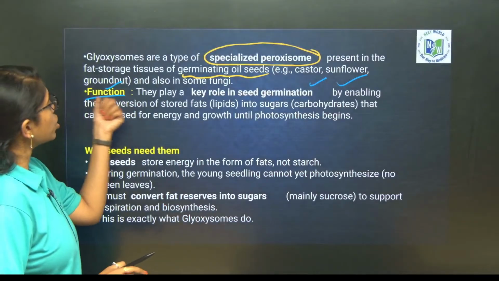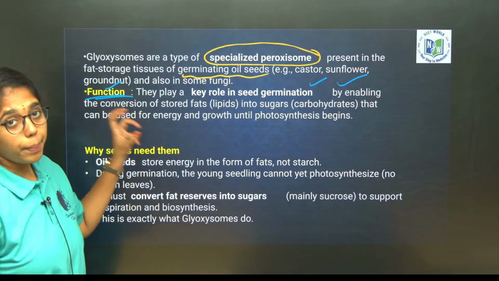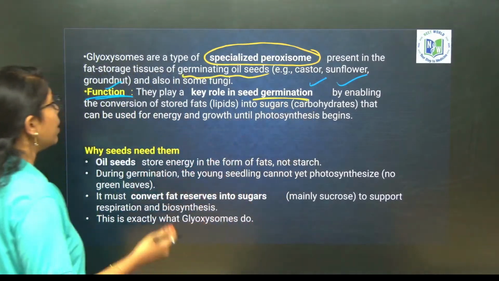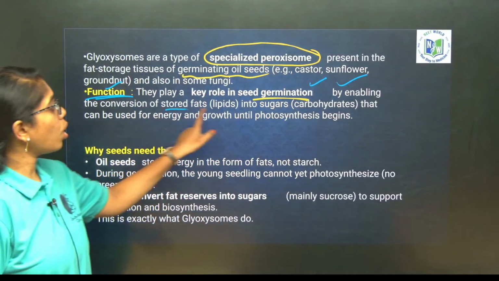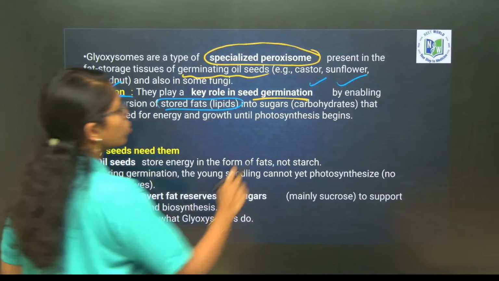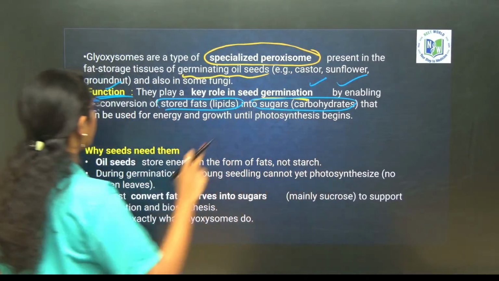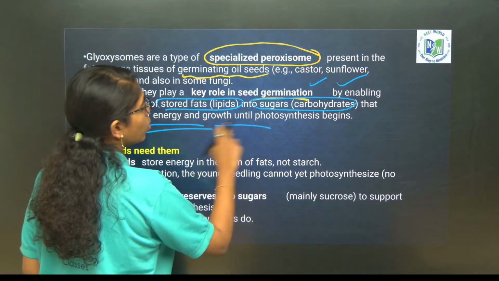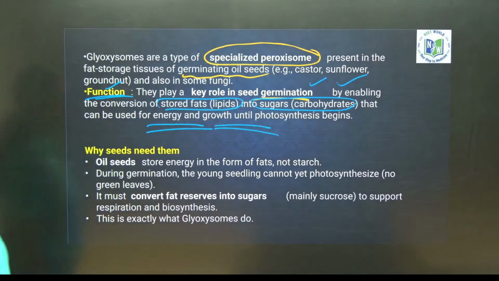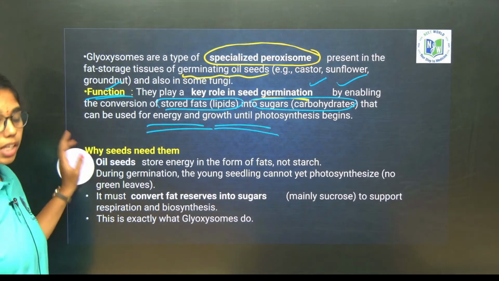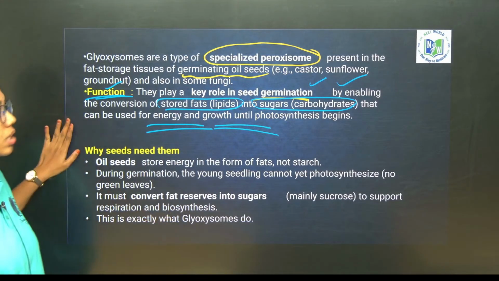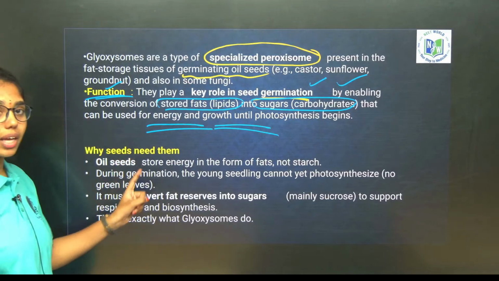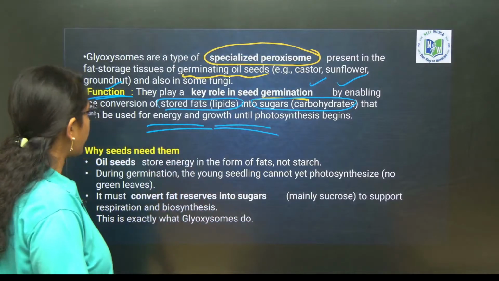So, the major functions include, they play a key role in seed germination by enabling the conversion of stored fats, that is lipids, into sugars, that is carbohydrates, that can be used for energy and growth until photosynthesis begins. Till the photosynthesis begins, for the germination process, this glyoxysome organelle will be the chief source in converting the oils or fats into carbohydrates.